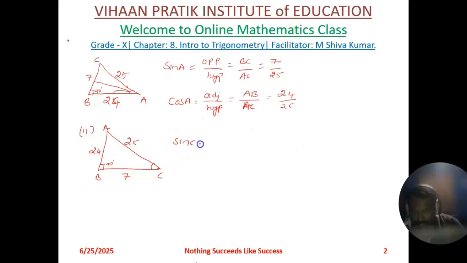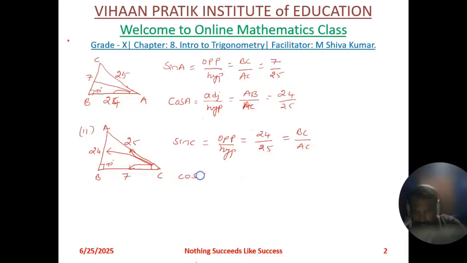So sine C is nothing but opposite by hypotenuse. Opposite to the angle C is 24. Adjacent is 7. Hypotenuse 25. So opposite is 24 by hypotenuse 25, which we can write as AB by AC.